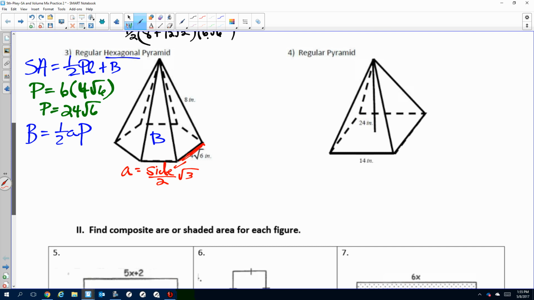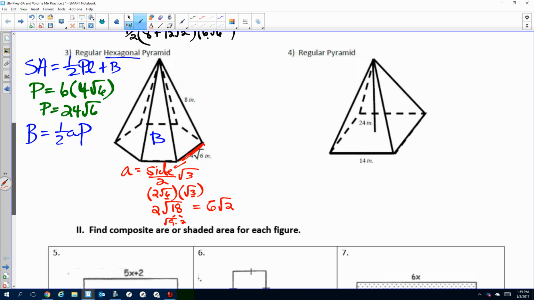So if I take half of 4 root 6, that's 2 root 6, times the square root of 3. Well, these can be multiplied together because they're both inside the radical. So we get 2 root 18, which can be broken down to 9 and 2. And 9 is a perfect square that comes out. So we get our apothem ending up being 6 root 2.